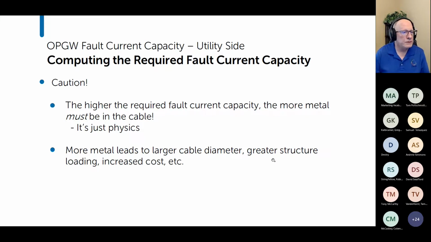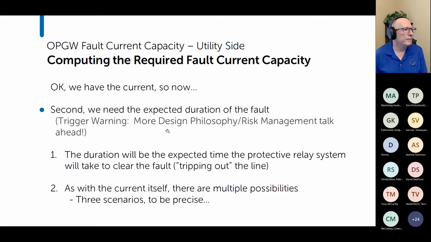The two taken together mean greater structure loadings, which means your structures can cost more. The cable itself will cost more, the hardware could cost more, and there are other consequences potentially beyond that as well. So that's why it's important that you be judicious in selecting the value that you're going to use.